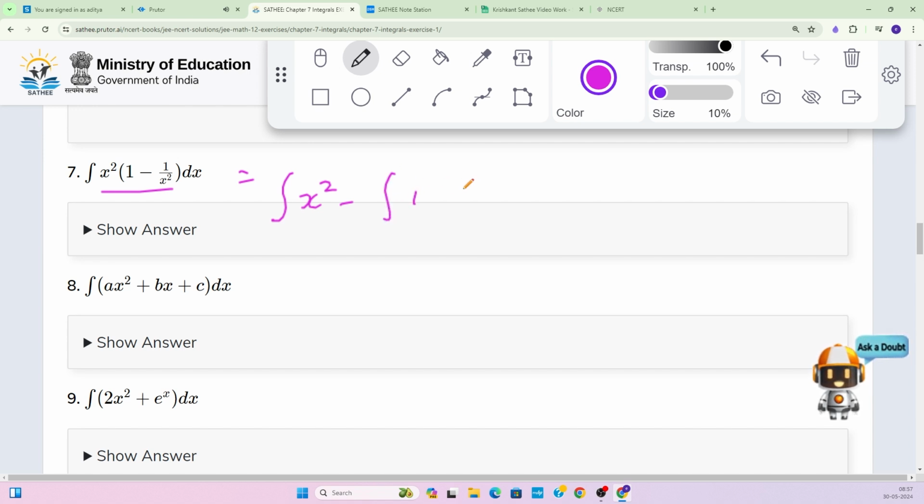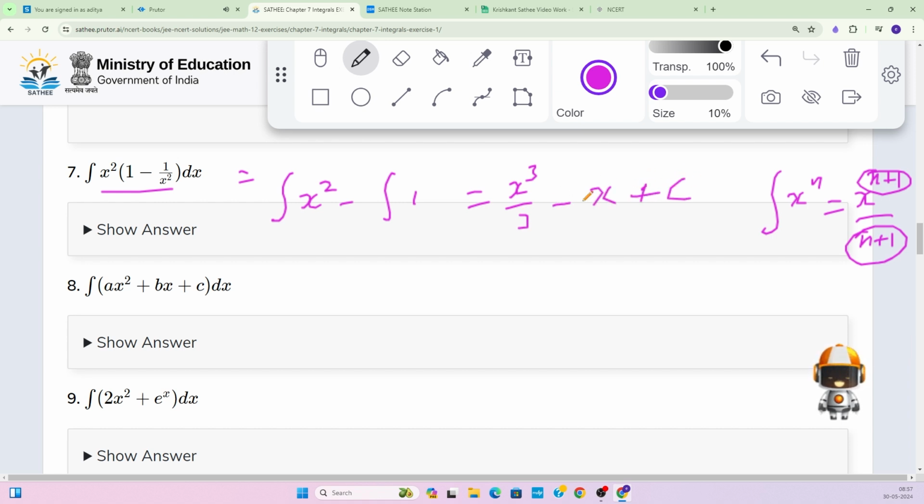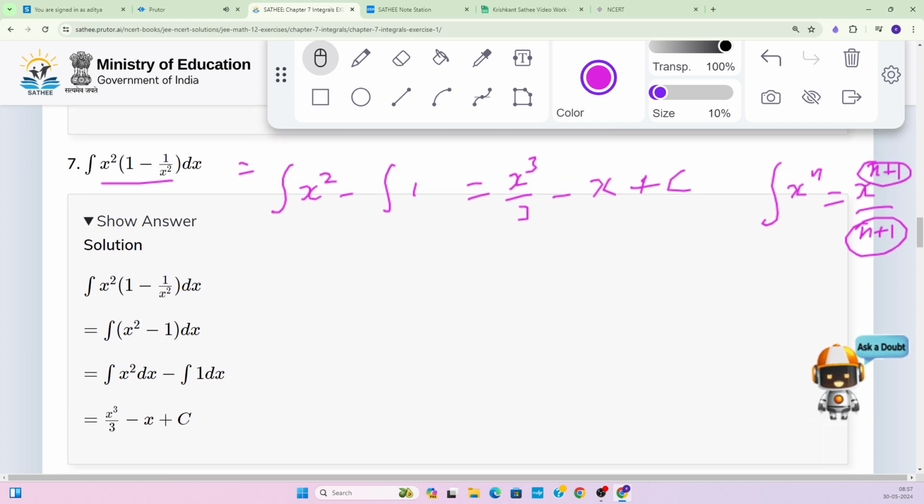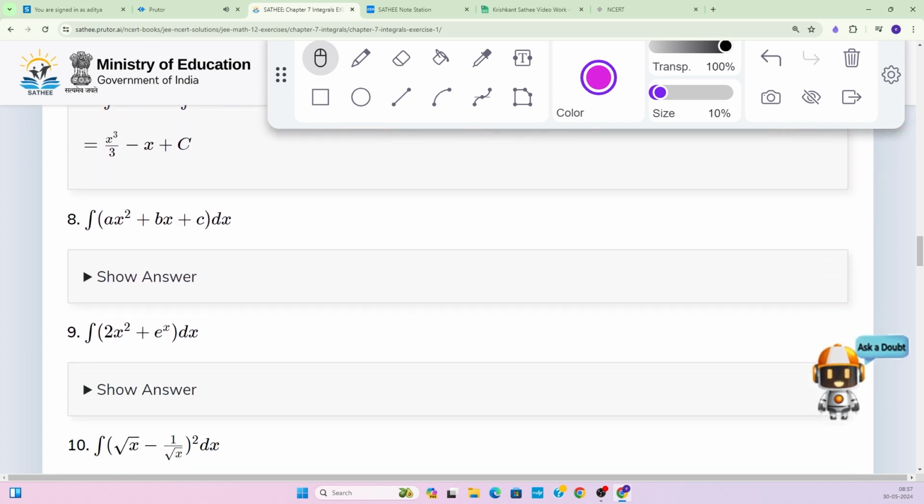Integration of x^n always gives you x^(n+1) divided by n+1, and the same power will be in the denominator. This means x^3 by 3 minus x plus some constant. This will be your answer: x^3 by 3 minus x plus some constant.